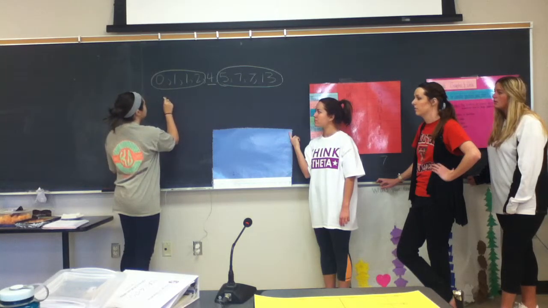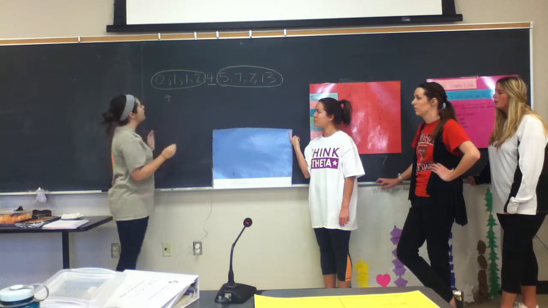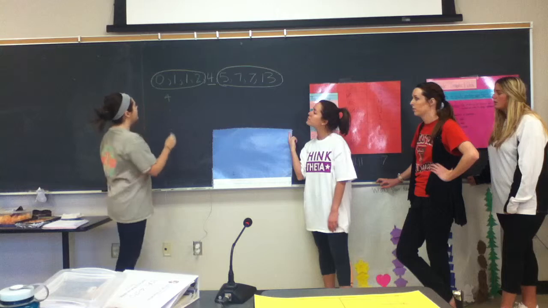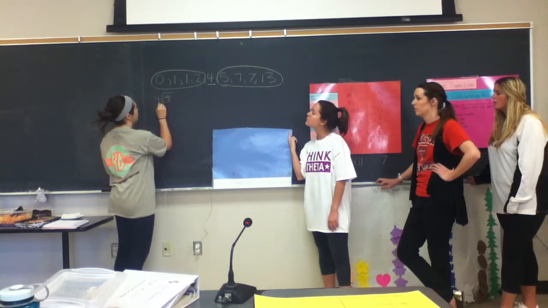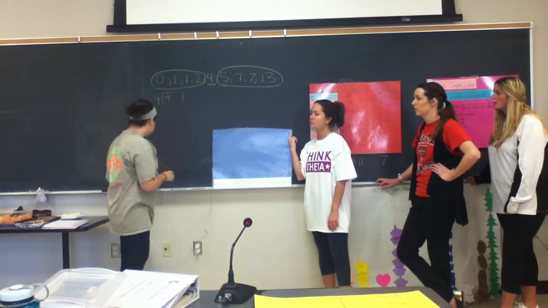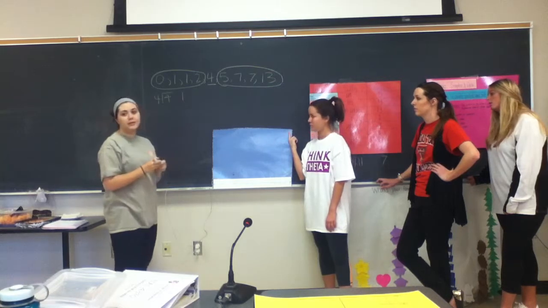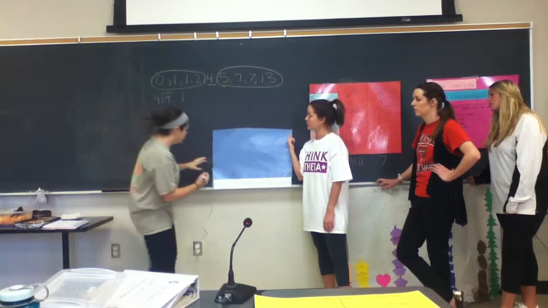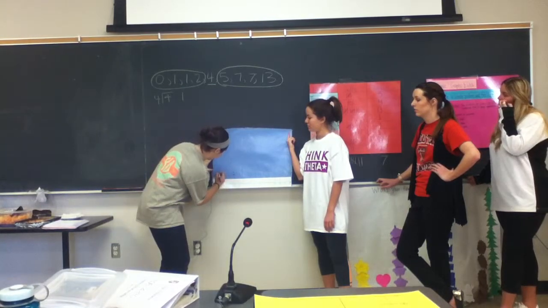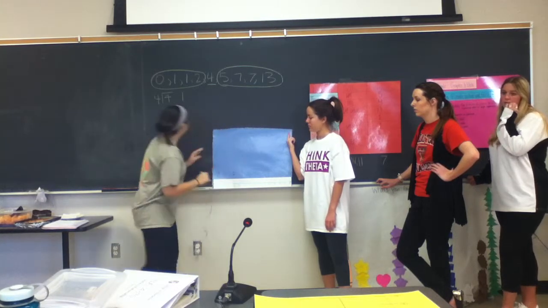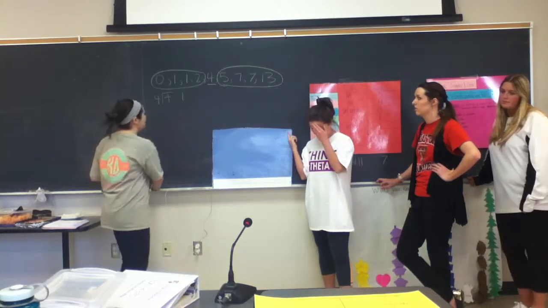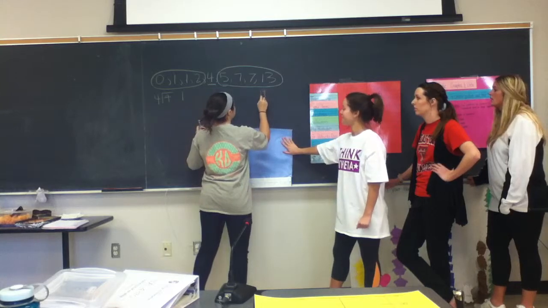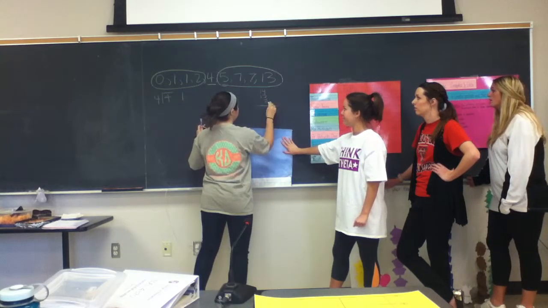So we have 4, because 2 plus 1 is 3, plus 1 is 4, plus 0 is 4, divided by 4 is 1. So we know that our middle number for quartile 1 is 1, so we can put a dot there and label it Q1. And then we have 14, 13, plus 5.